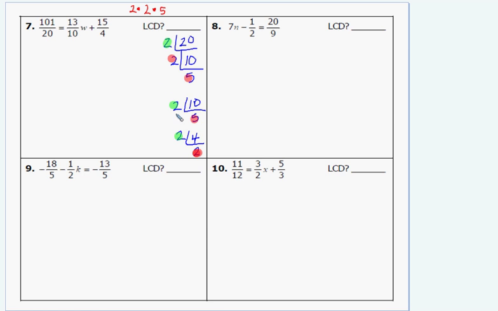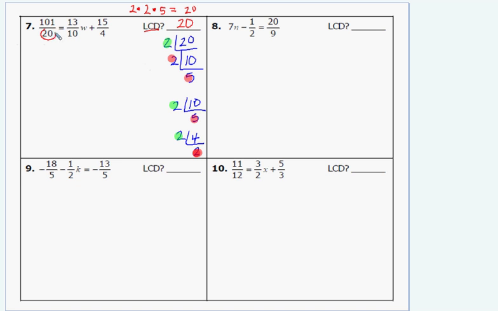We have no numbers on the outside of those division bars that we have not highlighted and used. If that were the case, we would need to include them in the LCD, but we don't have to here. So now I'm going to multiply these things together, and this is what's going to help me come up with our LCD. So 2 times 2 is 4, and 4 times 5 is going to be 20. So our LCD was 20.